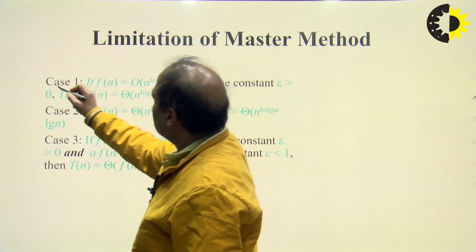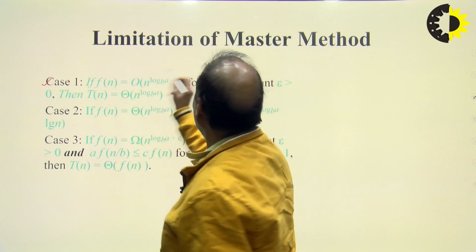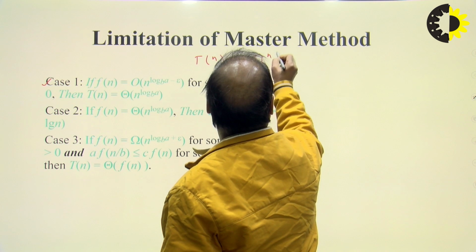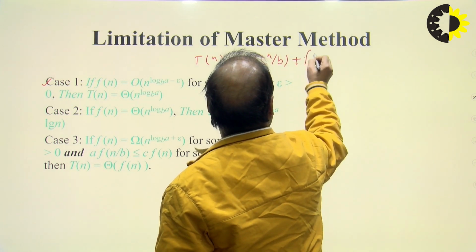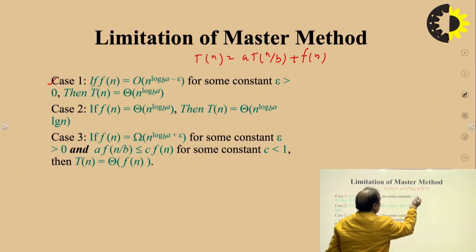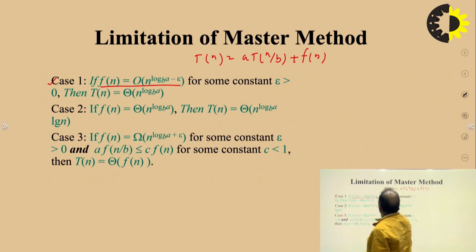If we think about the master method, the recurrence is T(n) = aT(n/b) + f(n). In case one, if f(n) is big O of n to the power log a base b minus epsilon, where epsilon is positive, then T(n) is theta of n to the power log a base b.